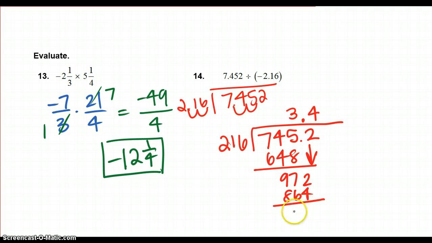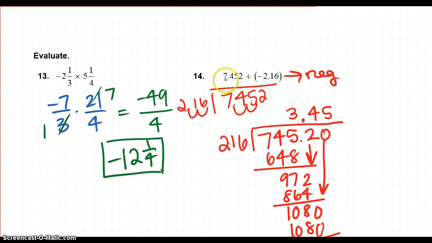When I subtract those two values, I get 108. Add a 0, bring it down. 216 goes into 1,080 5 times. And that goes in evenly. So, my answer right here is going to be negative because I have a positive divided by a negative. So my final answer is negative 3.45.